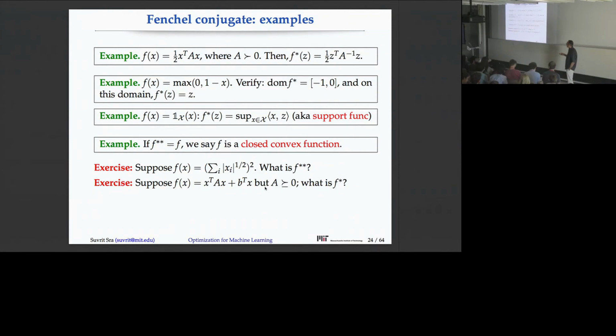But f need not be convex. Which means if you do f star star, I don't think you're going to get back f, right? Because f star is convex, the star operation retains convexity, so f star star is better spit out a convex function. But f is not convex to begin with, so tautologically it's not going to be what you expect. But it's worth working out to see what comes out.